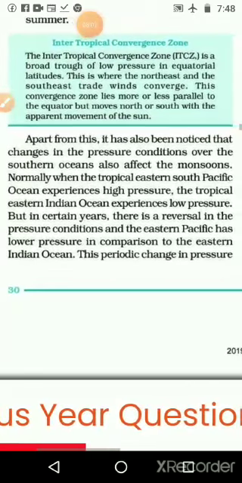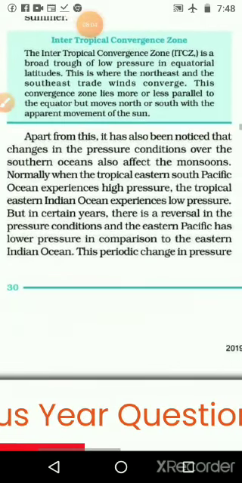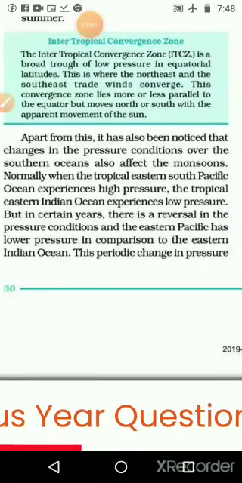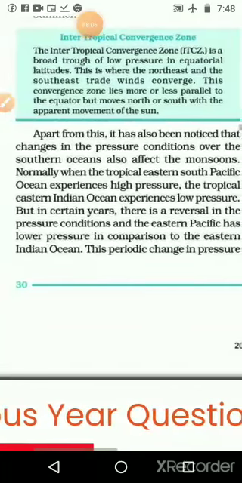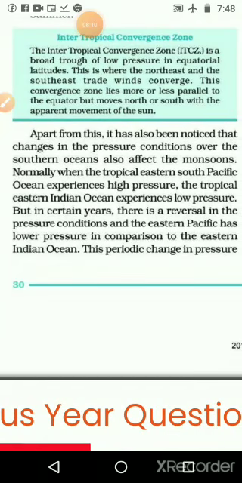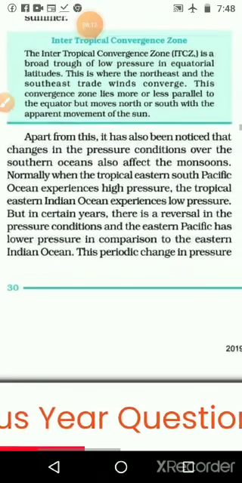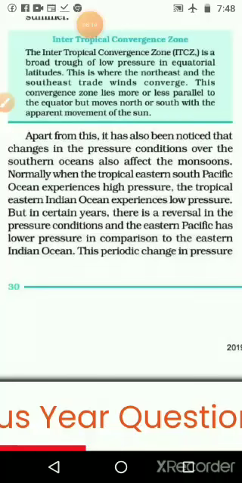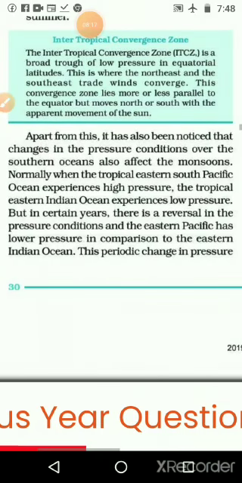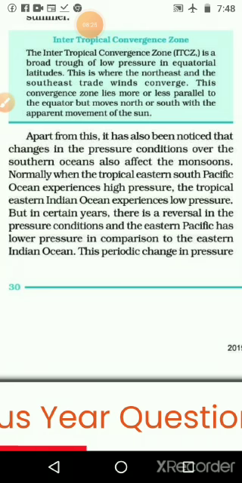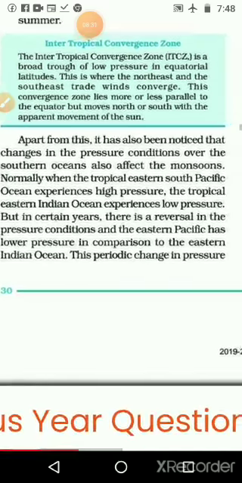Apart from this, it has also been noticed that changes in the pressure condition over the southern ocean also affect the monsoon. When we look at the world map, you can see the southern ocean and the pressure condition, how it is changing in the southern ocean, that also will affect the monsoon season. Normally when the tropical eastern South Pacific Ocean experiences high pressure and the tropical eastern Indian Ocean experiences low pressure.